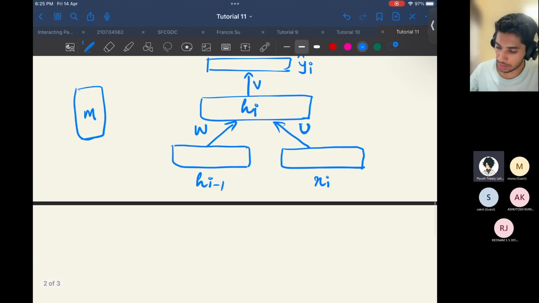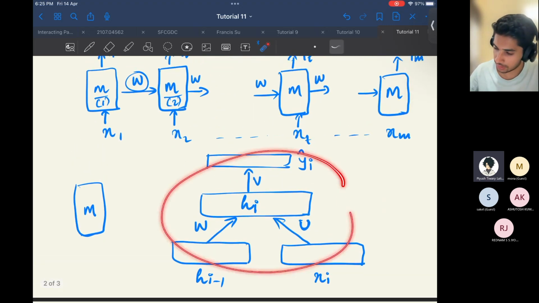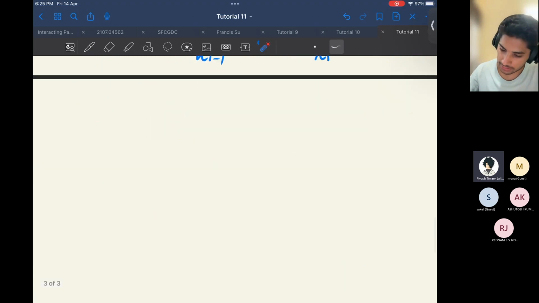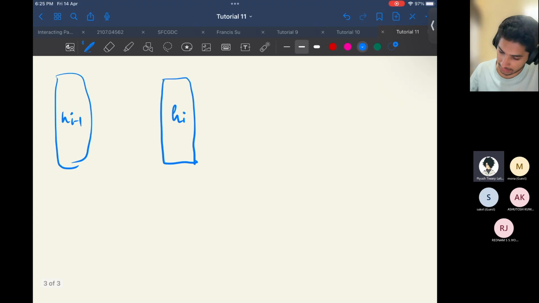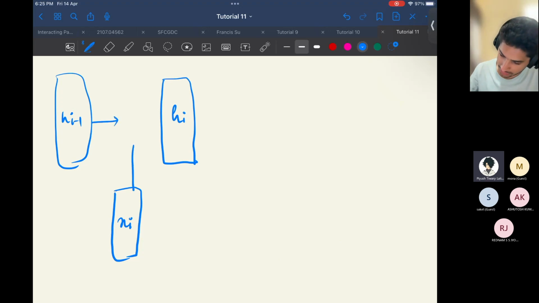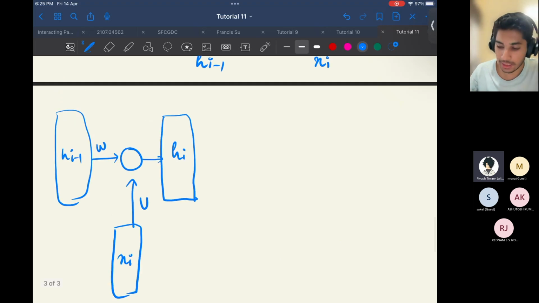If I have to represent this figure in another form, it will look something like this. You have hi, and this is my hi minus 1, and there is some input which is xi. We are using this, and this is being multiplied by W, this is being multiplied by U. There is some operation that we will do, I'm not saying what that is, and that will give me hi as output.